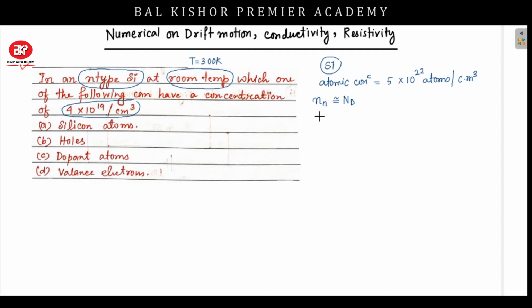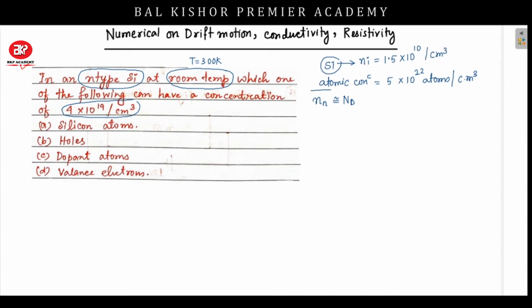So Nd is the doping concentration, and we also know that for silicon the Ni value, that is the intrinsic carrier concentration, is of the order of 1.5 into 10 to the power 10 per centimeter cube.